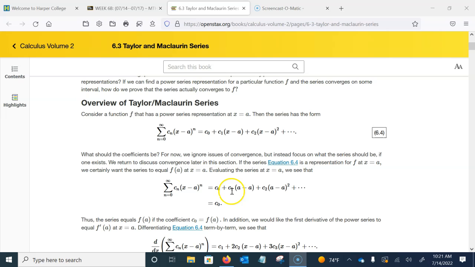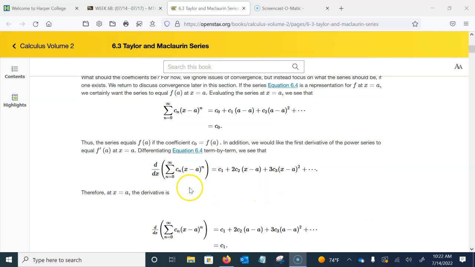Now, how would I go about finding c1, c2, etc.? Well, if I differentiate the power series, we learned in section 6.2 that you could differentiate and integrate term by term because they are just polynomials. So if I differentiate, the c0 term will vanish, and I'll have c1, and then 2 times c2.